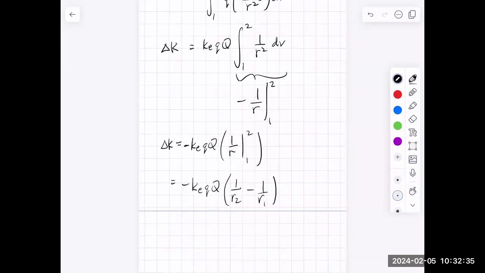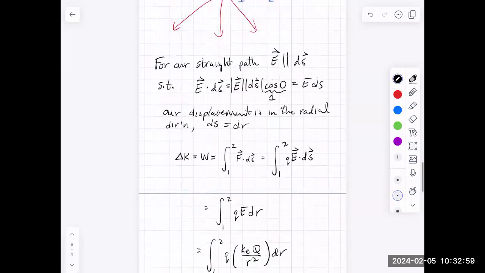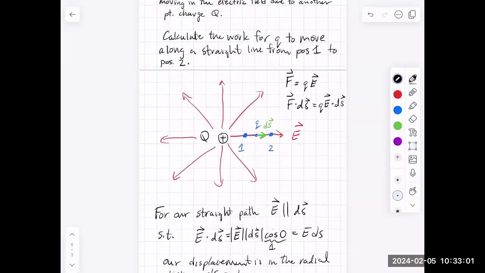All right. So remember, this is the final position, and this is our initial position. Okay, so let's go back and look at our picture, and let's imagine both point charges are positive.